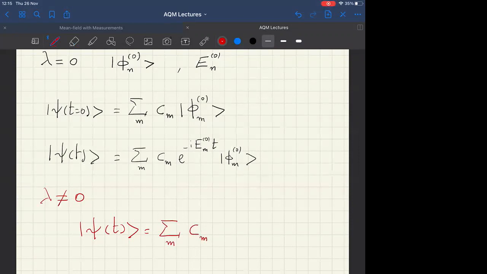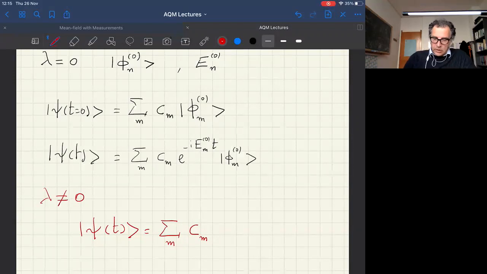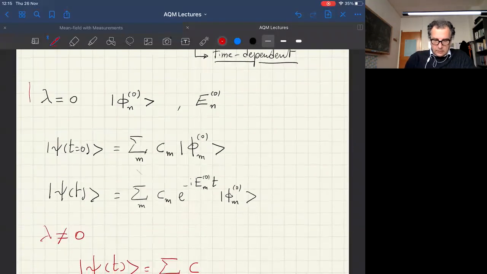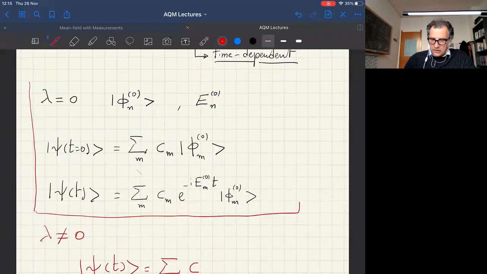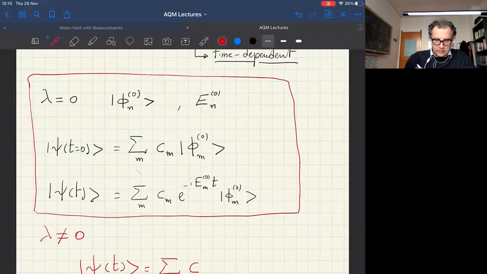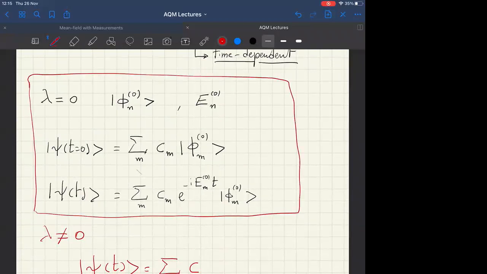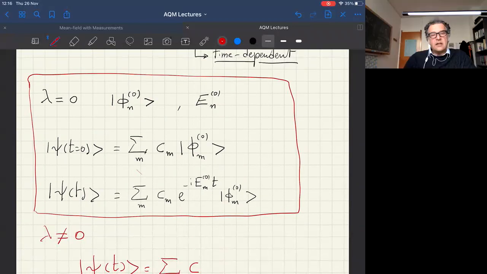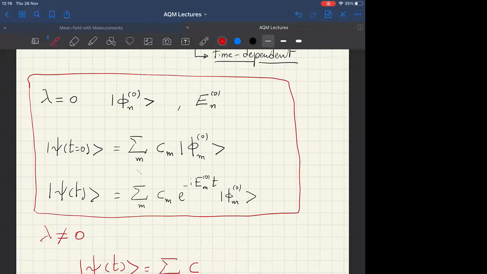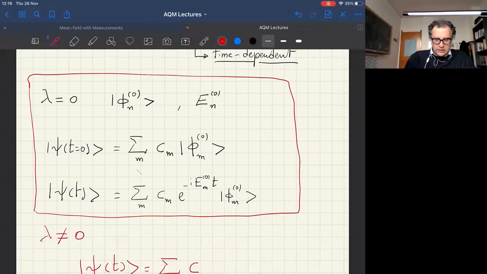Sorry, Professor. What if we write the wave function at t equals 0, we include some perturbation term? No. What I wrote here is valid only for lambda equals 0. Yes, this is valid only for lambda equals 0. I see.